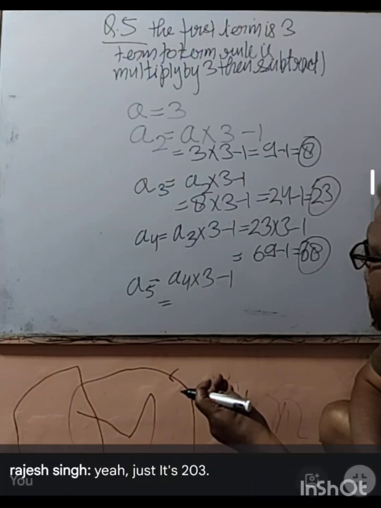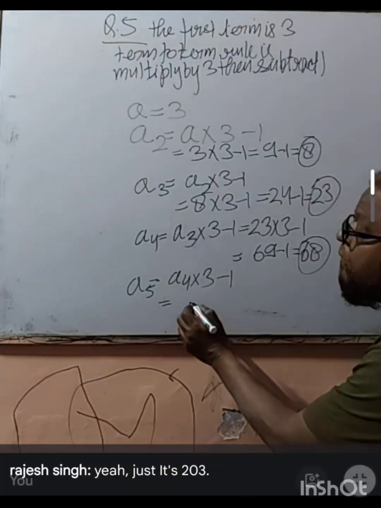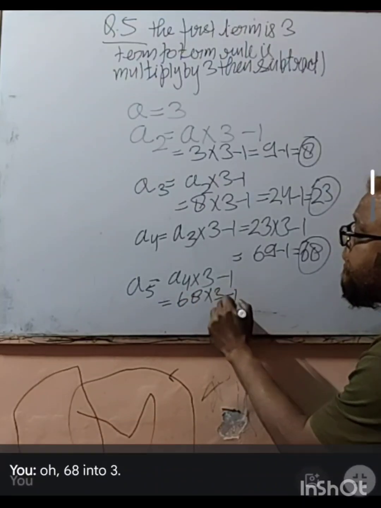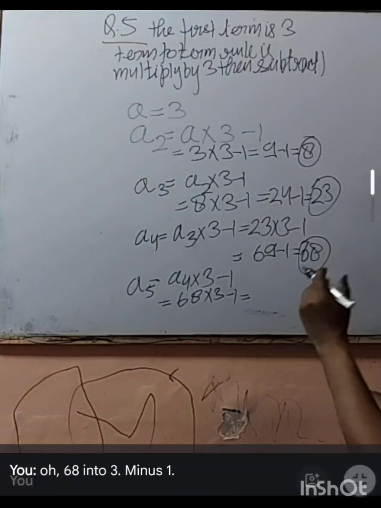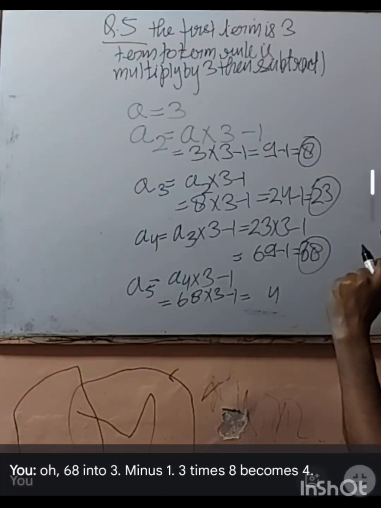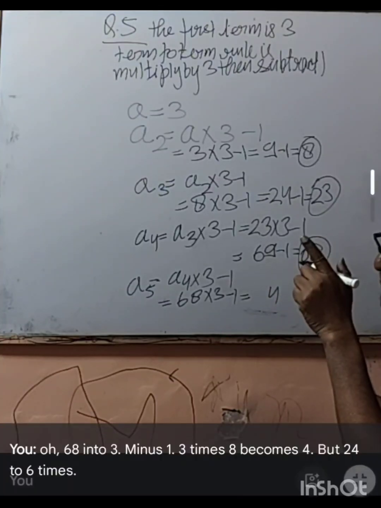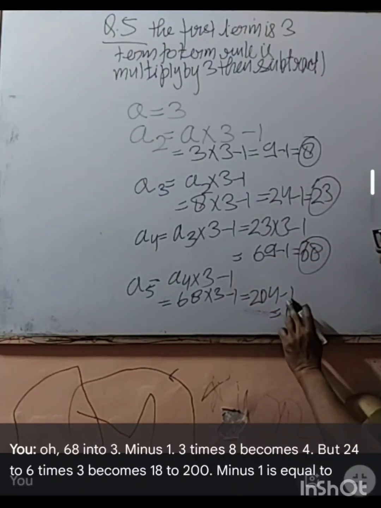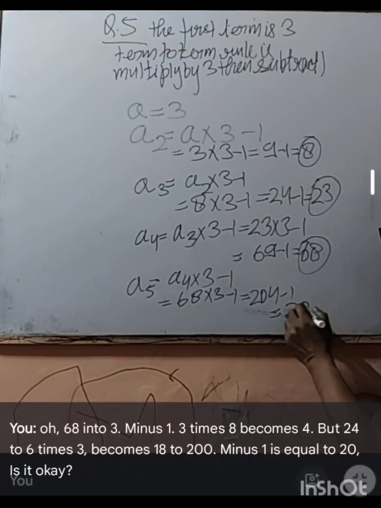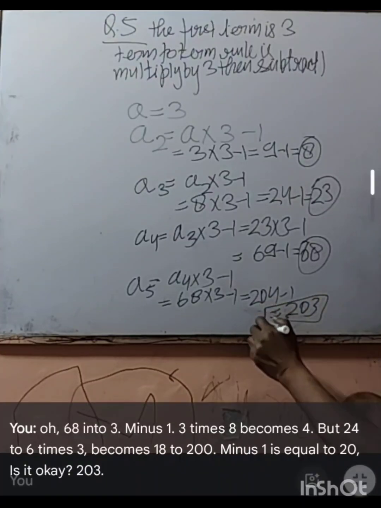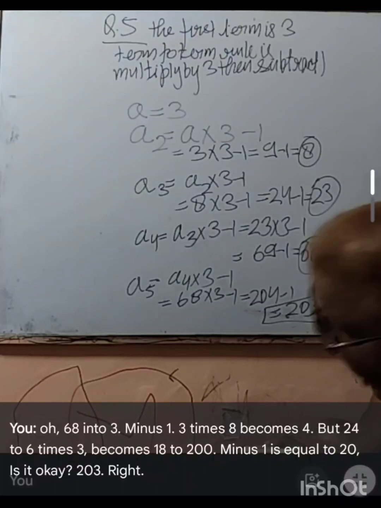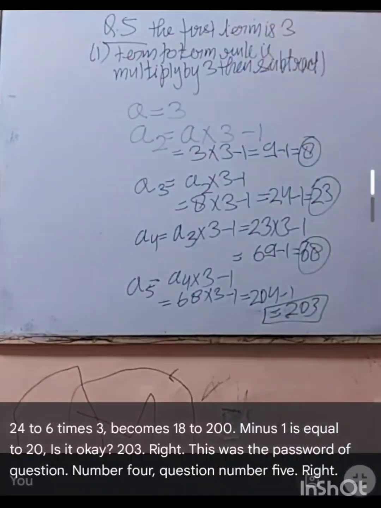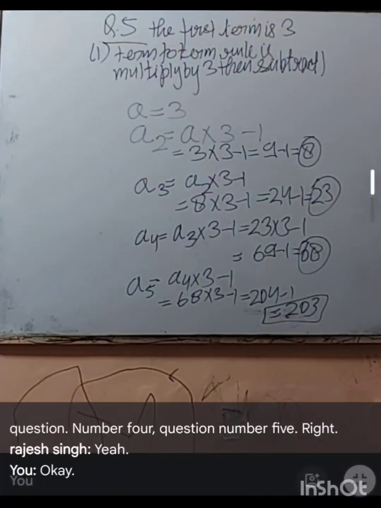It's 203. 68 into 3 minus 1. 3 times 8 becomes 24, 6 times 3 becomes 18, 200 minus 1 is equal to 203. Is it correct? 203, right? This was part 1 of question number 5. Okay.